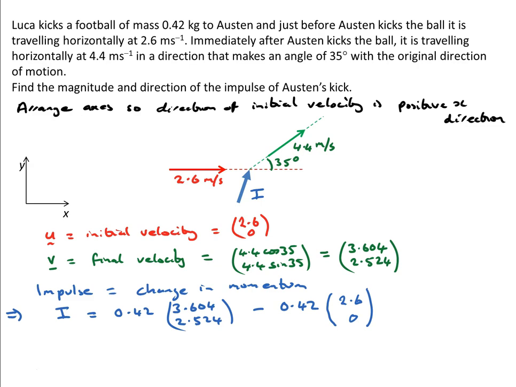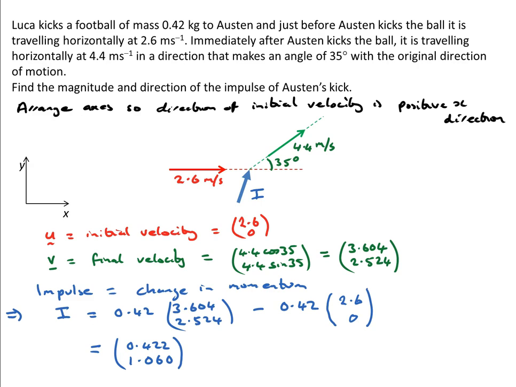Whereas the initial momentum is the mass of the ball, 0.42, times the initial velocity, which was 2.6, 0. So that now gives me the impulse as a vector: 0.422 in the x direction and 1.060 in the y direction.